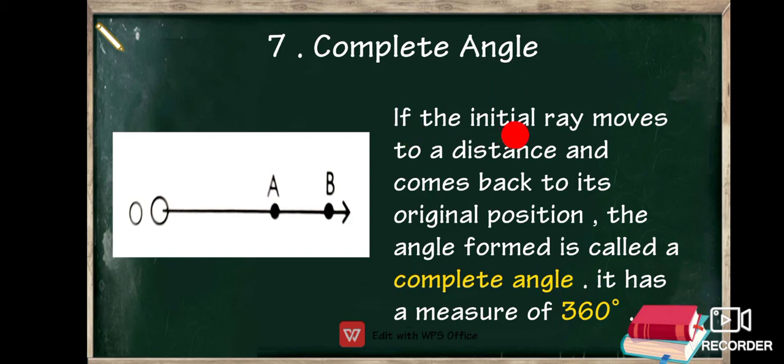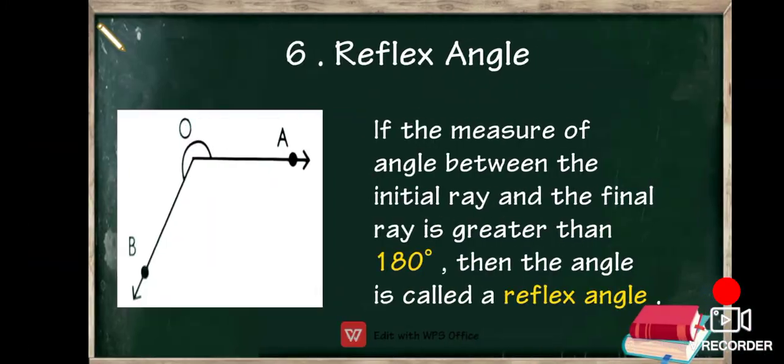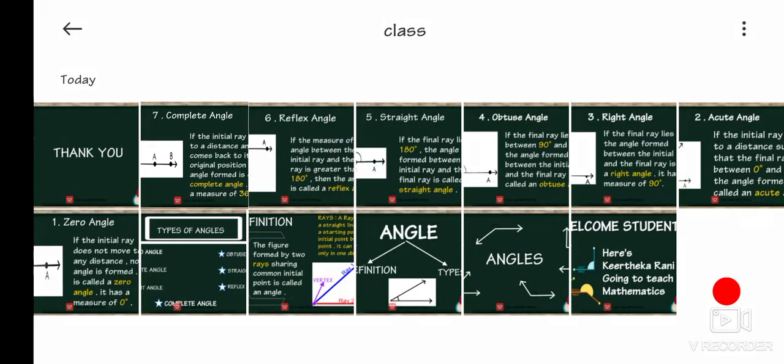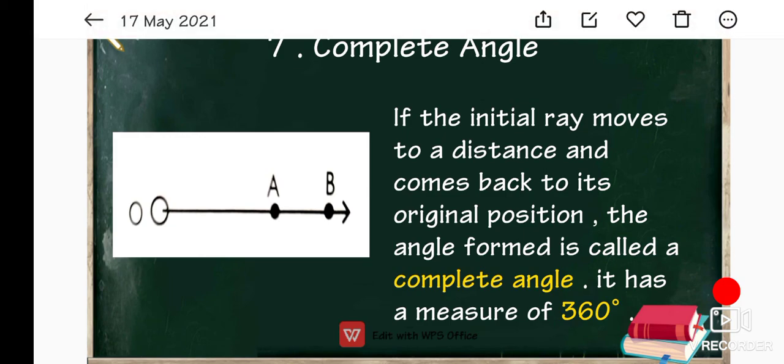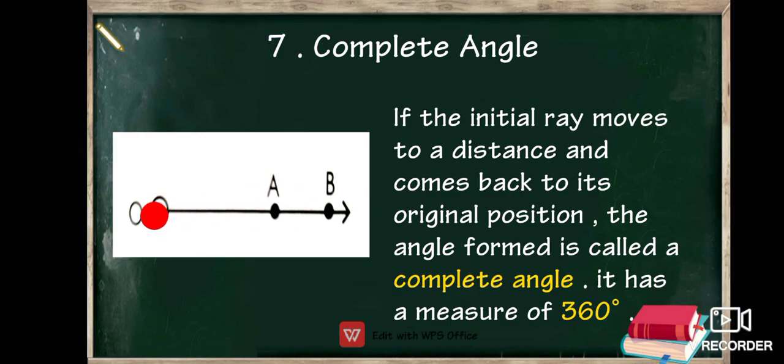If the initial ray moves through a distance and comes back to its original position, the angle formed is called complete angle. So first we saw the initial ray, from here to here, and then we had a final ray also, this B. Here for the reflex angle, it was like this and it came back again here, right?